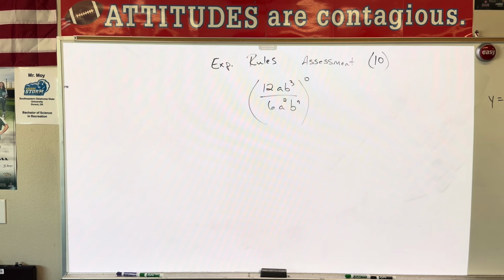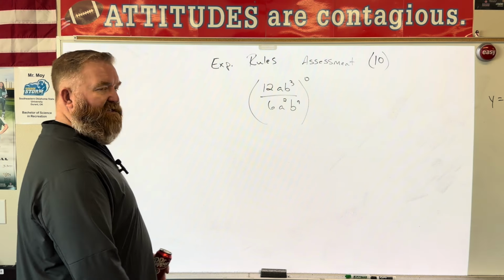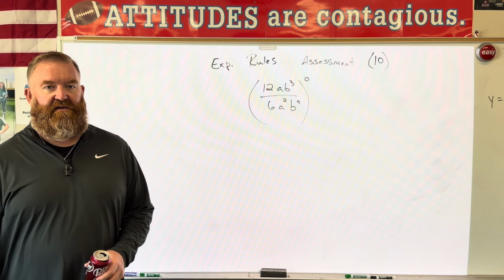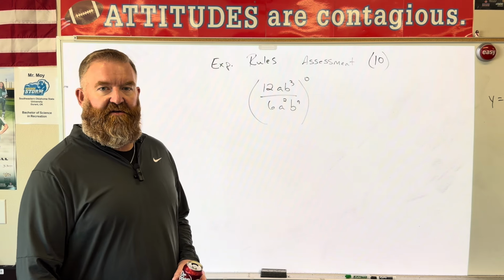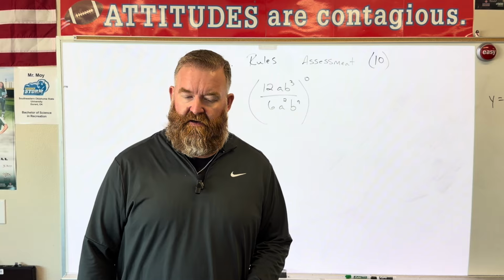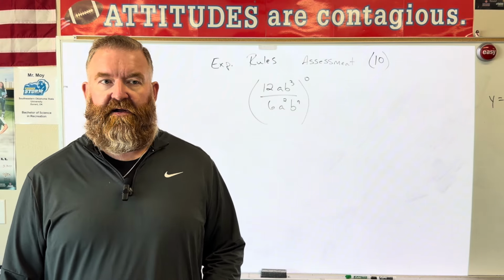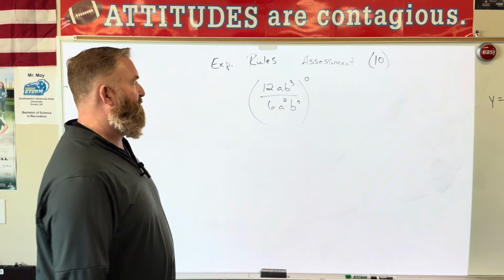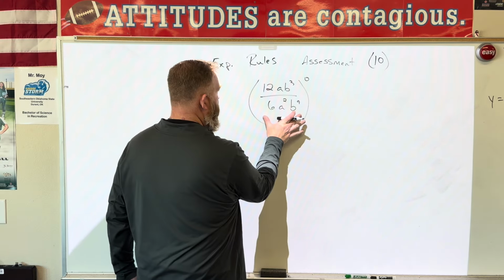Why? 0 power to anything is what? The answer is 1. If the 0 is on the outside, what is the answer, guys? Not 0. And don't try to simplify this. I mean, you can, but you're still going to be left with 0 power. 0 power makes it a 1. Okay, we've talked about that several times.